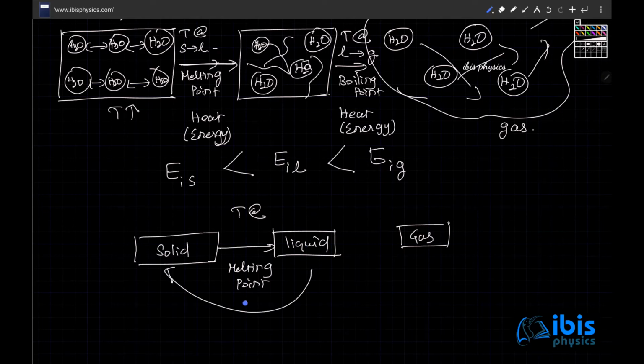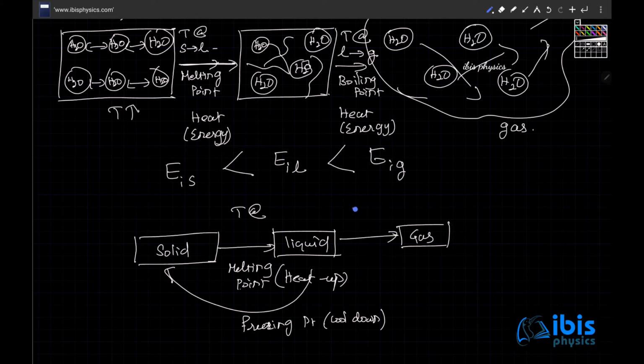In the cooling stage, that is called freezing point. These two are almost the same. When you heat up, solid becomes liquid, and we call it melting point. When you cool down, you call it freezing point.